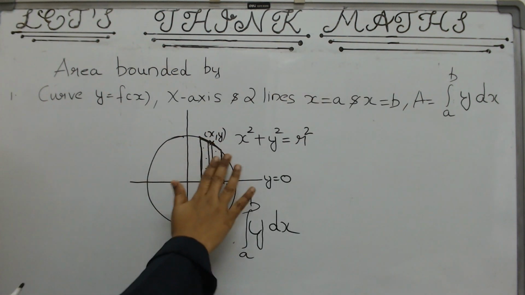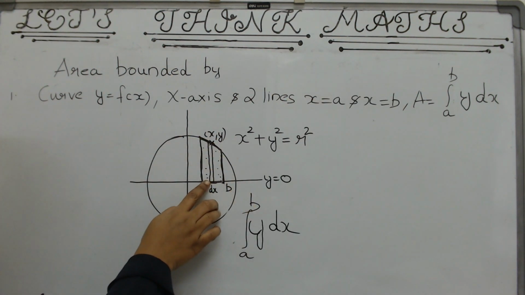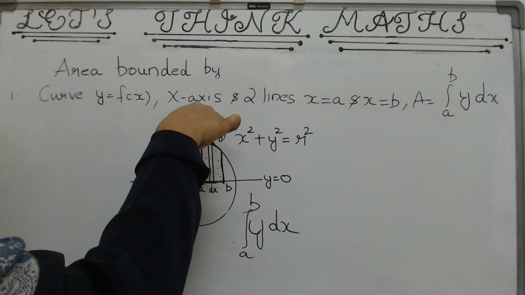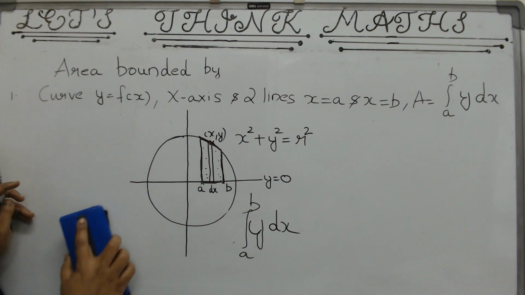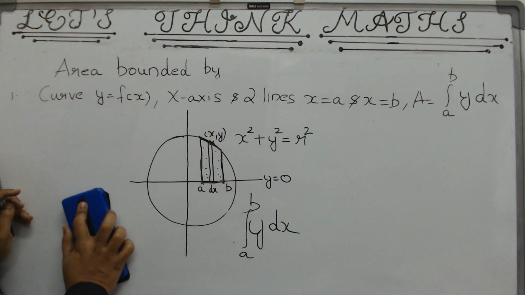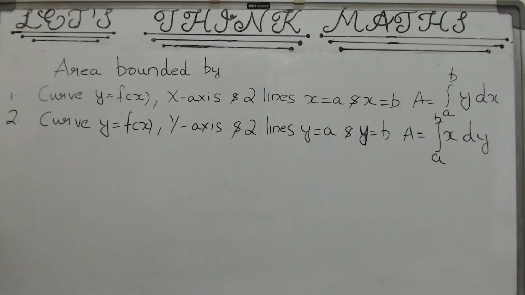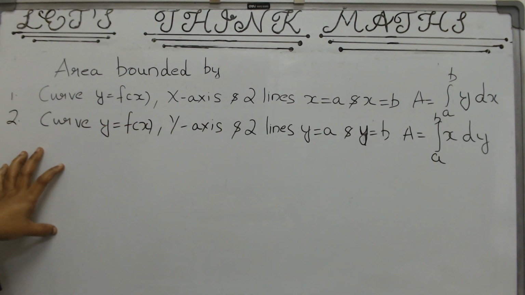So for the area of this, where one foot of the rectangle is on the x-axis and the other foot is on the curve that you need, you will integrate it from a to b. Now the same thing with a small difference, we will consider it with the y-axis and two lines, y is equal to a, y is equal to b. Now the same thing we are going to do here again, but what are we going to do this time?